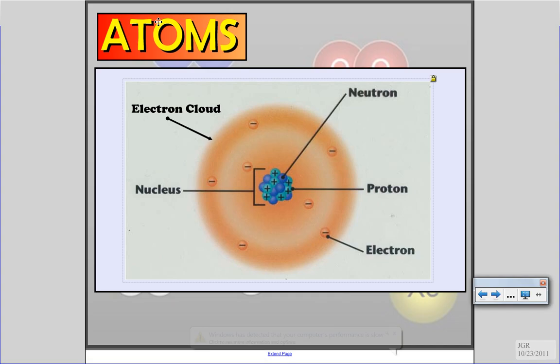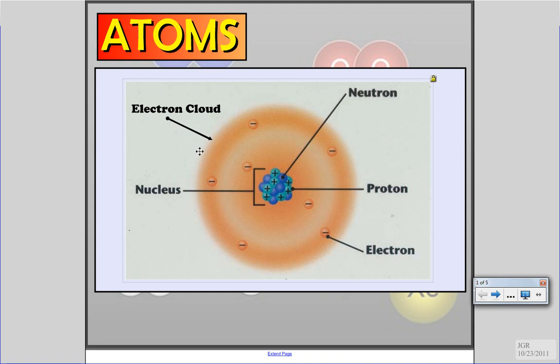This is where the beginning of the year actually first began. We began with the structure of the atom. The basic structure of an atom is composed of an electron cloud and a nucleus. The nucleus is the center of the atom, and the electron cloud is what forms on the outside.